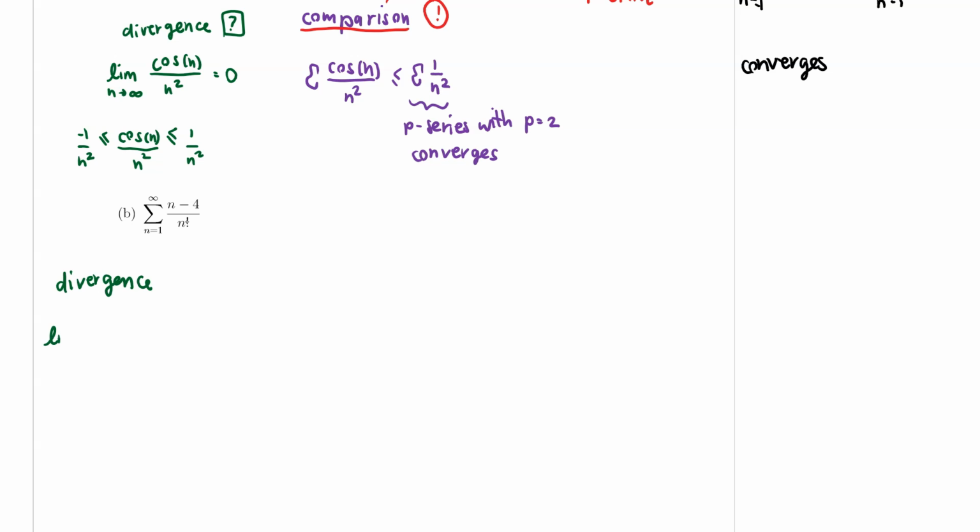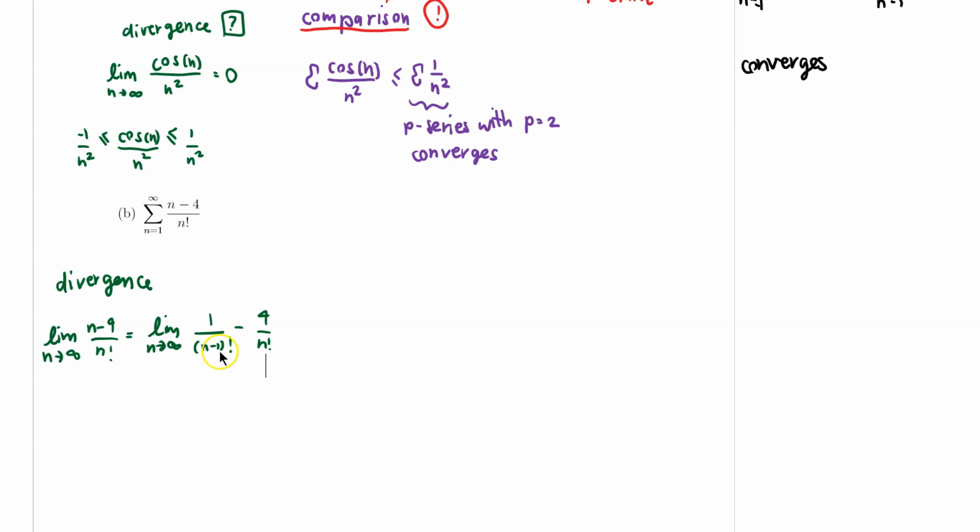If we try to take the limit of (n - 4) over n factorial when n goes to infinity, well, this thing is going to be just the limit when n goes to infinity of, let me see, 1 over, well, n and n factorial get cancelled out. So I'm going to be left with 1 over (n - 1) factorial minus 4 over n factorial.